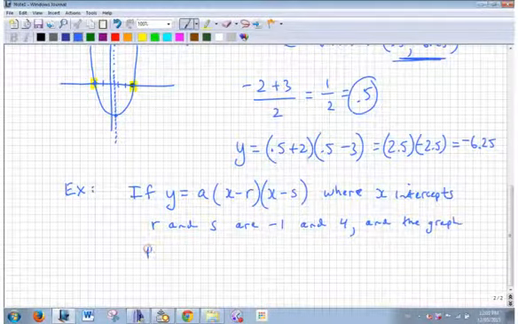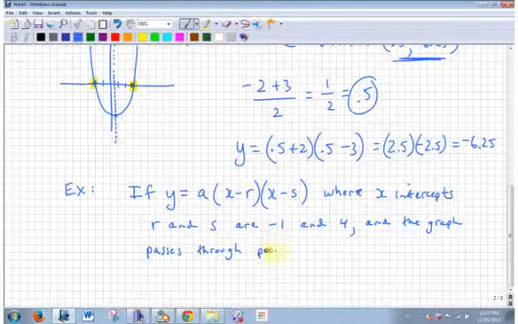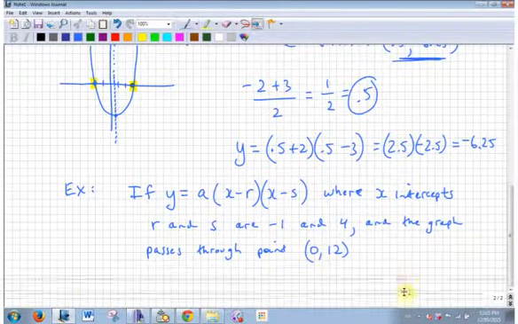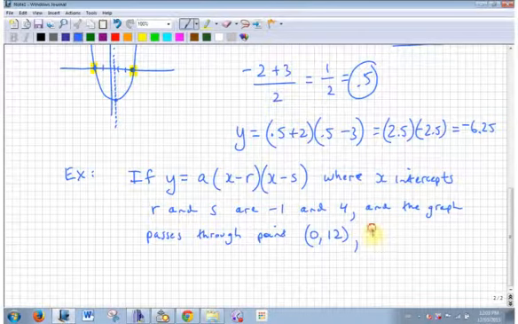and the graph passes through point (0, 12). I know, lots of language.